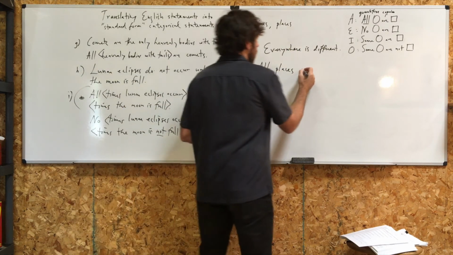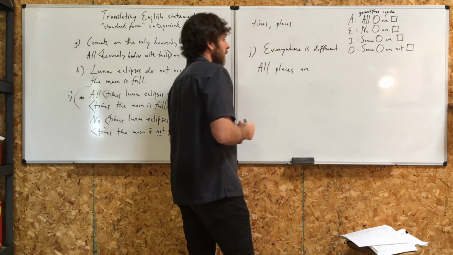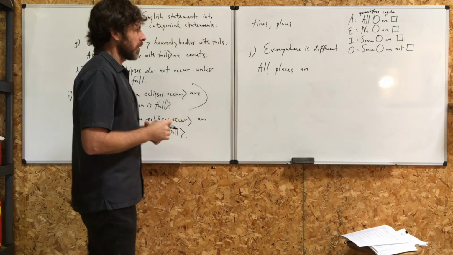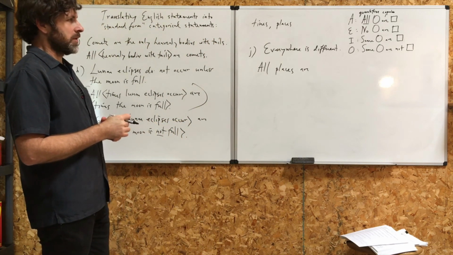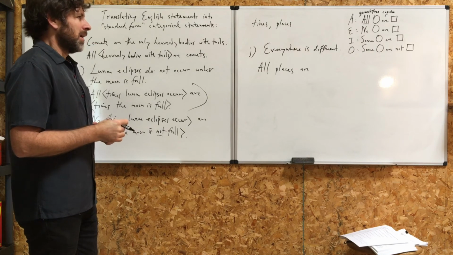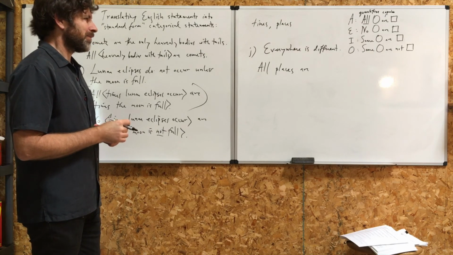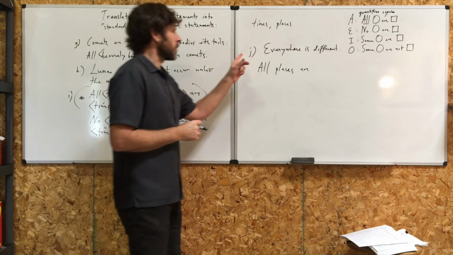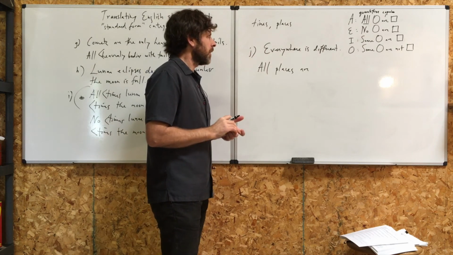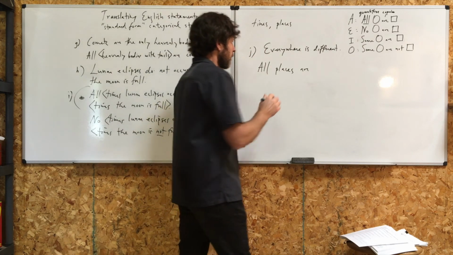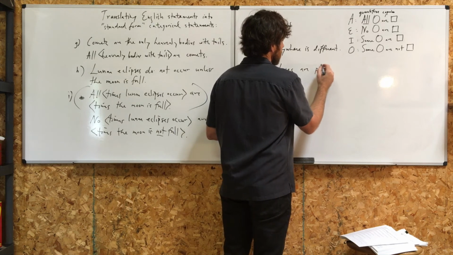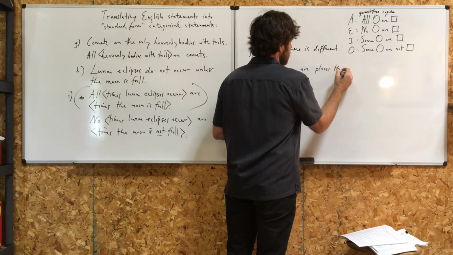All places are, now, what are we going to say right here? All places are different places. I don't know if that's what it is actually saying. So, how about this? All places are places that are different.